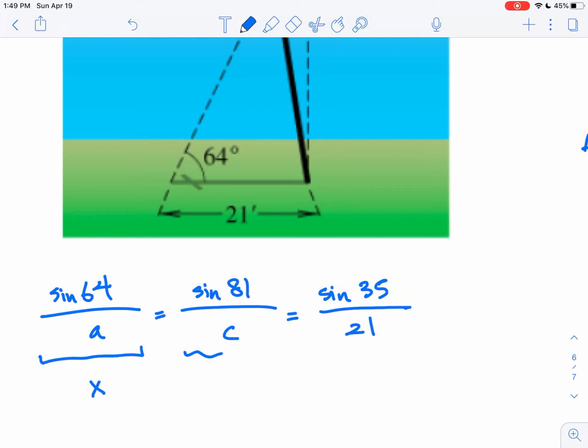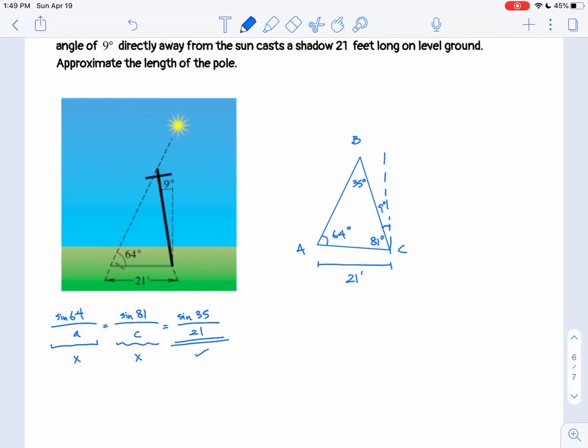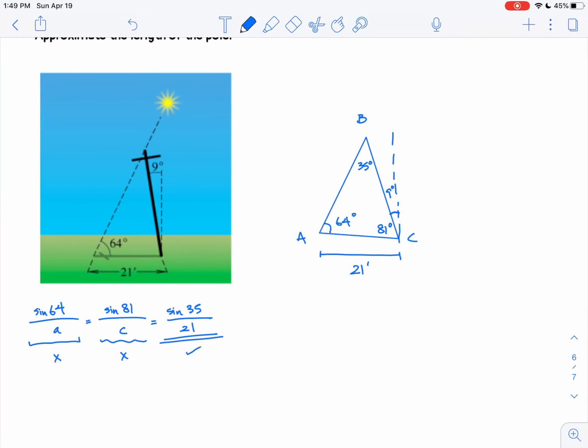No. Do I have a full pair here? No. But do I have a full pair here? Yes. That's because I did the extra work in advance to find that third angle so that I could have a full pair. You can do that work in whatever order you want, but just remember that 180 degrees is how many degrees are inside of a triangle.